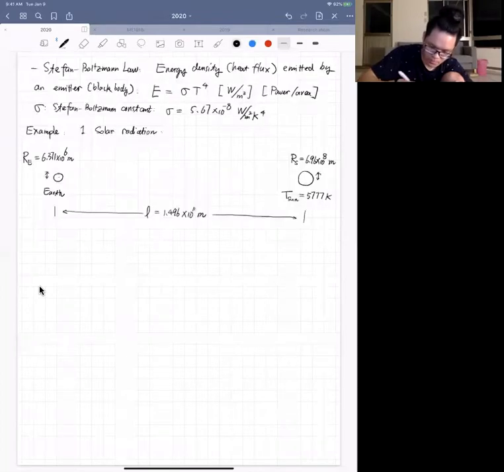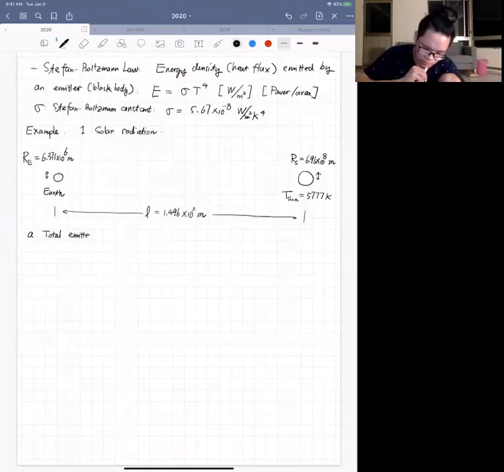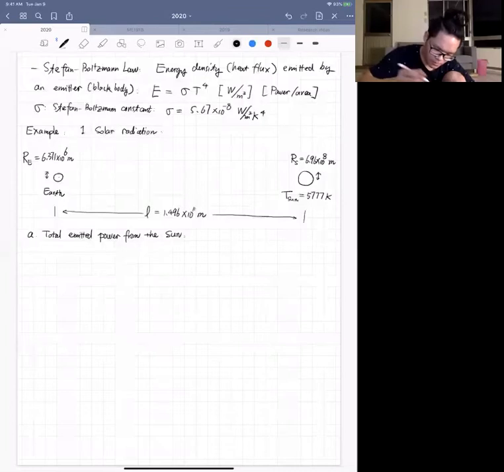Now let's first apply the Stefan Boltzmann law to figure out the total amount of thermal radiation power emitted from the sun. For now, we approximate the sun as a black body. Let's call this QS.